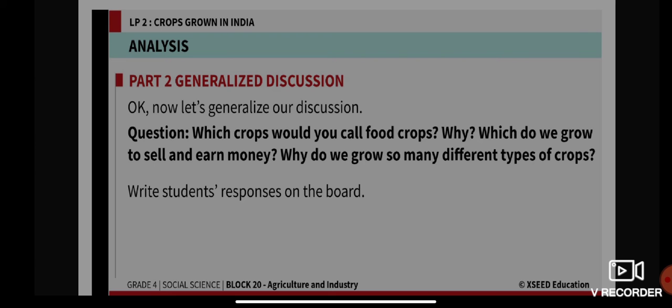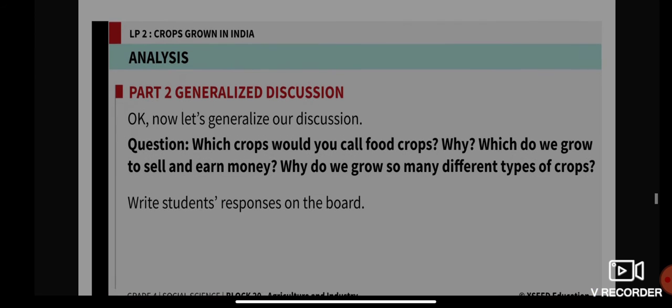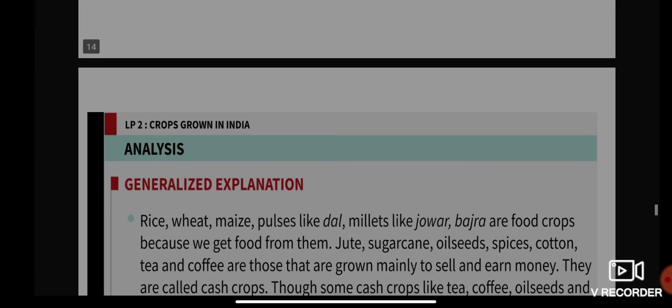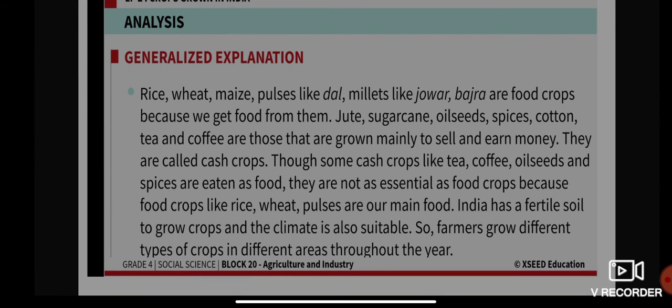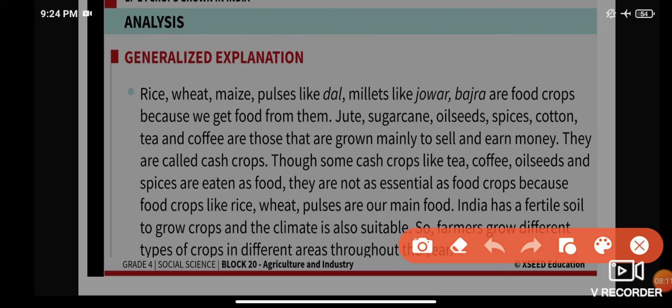Alright, as we have learned what food crops and cash crops are, similarly, please listen. Rice, wheat, maize, pulses like dal, millet, jowar, and bajra are called food crops, because we get food from them.